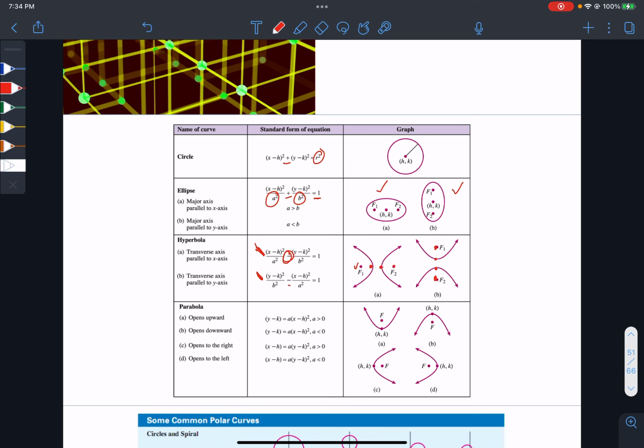If it is x minus h squared, that means the drawing is either opening upward or opening downward, when x is squared. When y is squared, it's either opening to the right or opening to the left. Okay, so those are the things that we need to remember for conic sections.